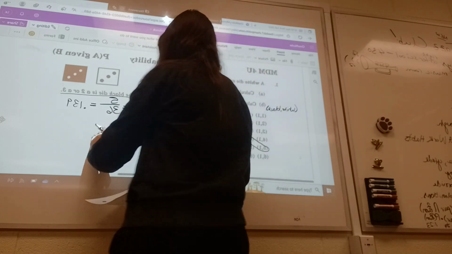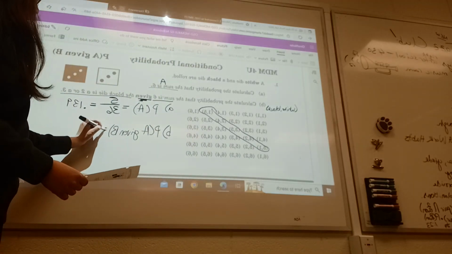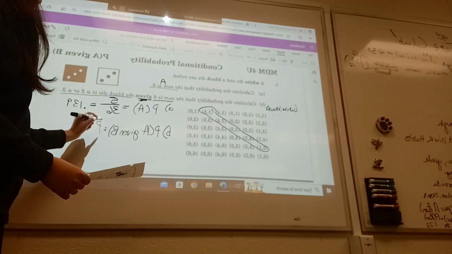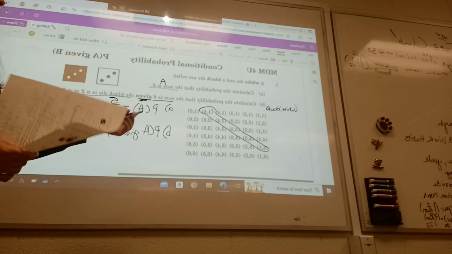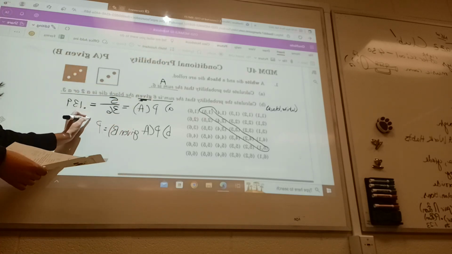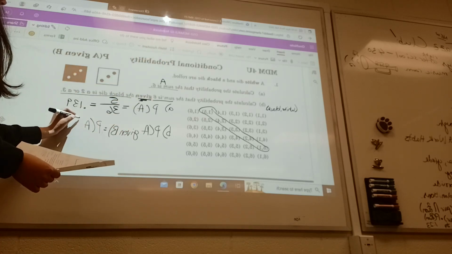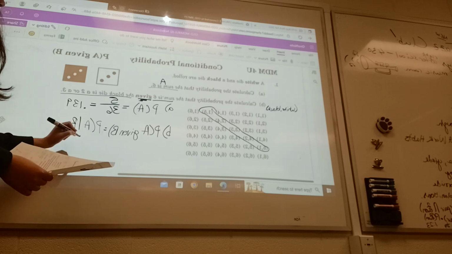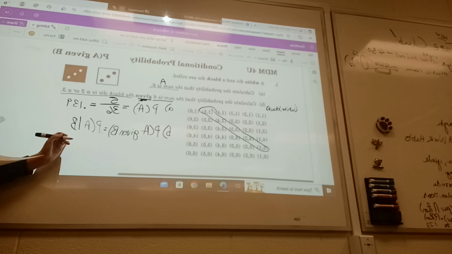But what we'll use in this course, the shorthand, well, it's used in more than just this course, but the shorthand for given is probability of A and then a vertical line given B. Did we see this already before, the given side? Not yet? Okay.